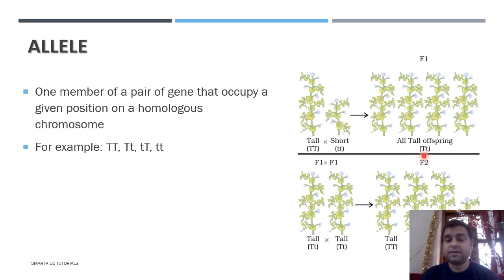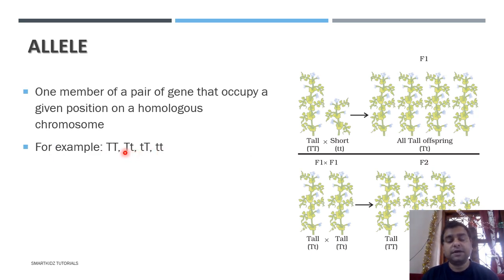In this case, it is heterozygous dominant, because when dominant and recessive come together, it is always the dominant trait that gets expressed, the dominant allele gets expressed. Hence we refer to this as heterozygous dominant. You see the examples given over here: capital T, capital T; capital T, small t; or small t, capital T; and small t, small t.